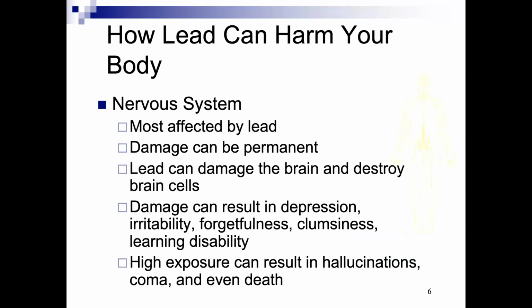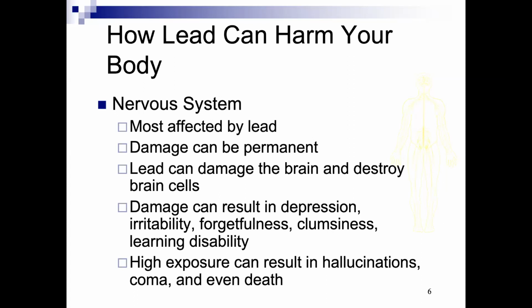The nervous system. It's the most affected by lead. The damage is permanent. A pediatrician who used to deal with lead poisoning prevention in children in Richmond, Virginia, taught me a nice little analogy. Doesn't work as well with cell phones as it did with landlines, but when children are born, we have our telephone poles all installed in our brain, if you can picture that.